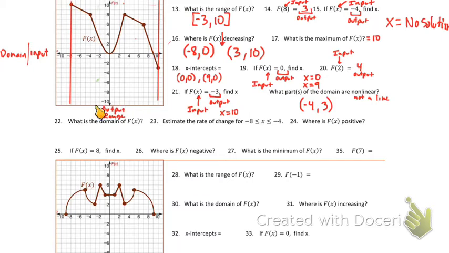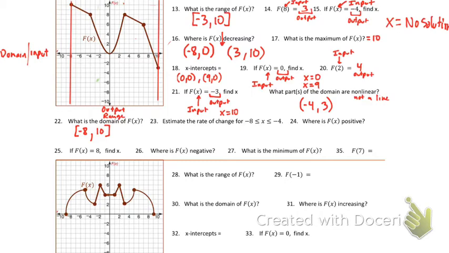Remember, range is the opposite. We use top and bottom for range. Now we're using left and right for domain. So where does it start? It starts at -8. And we're going to put a bracket because -8 is actually, that line has a part of the graph on it. As you can see, the graph touches my line. So that's a bracket. And then it ends, where does it end on the right? It ends at 10, and because it touches, it's a bracket. Okay?